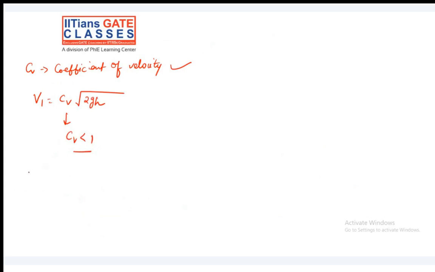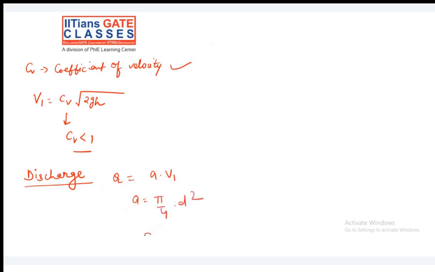Now what is discharge? Q value. Discharge means Q value. This Q is area times this velocity. Okay. And what is this area? Area is pi by 4 times d square.